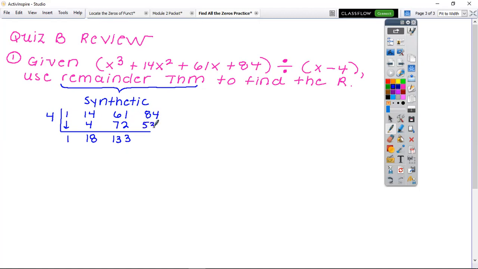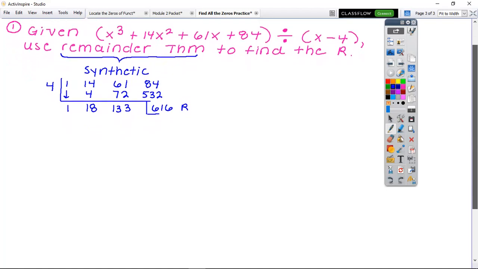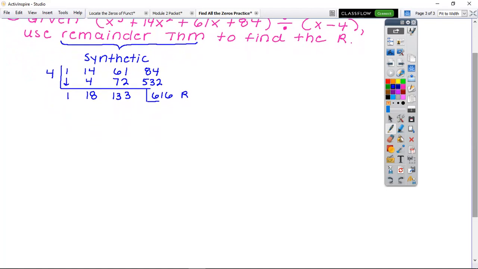Is this going to work? Definitely not. So this gives us a remainder of, anyone have it yet? 616. Good. And that is your remainder. So there's your first part. It actually just asks you for the remainder, so you do not need to put it back together.